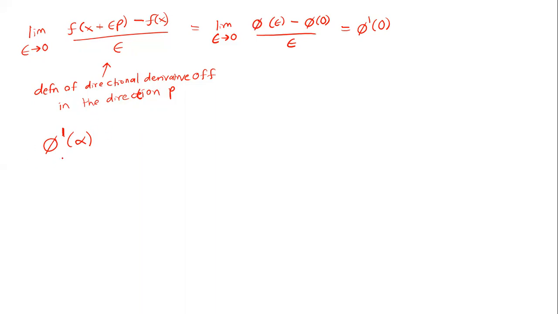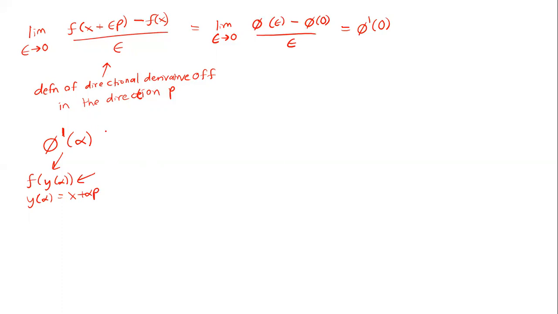The chain rule here is that phi is equal to f of y of alpha, and y is a function of alpha, which is x plus alpha p. So if I want to get the derivative of this function f with respect to alpha, I need to first take the derivative of it with respect to the y's and then of the y's with respect to alpha.